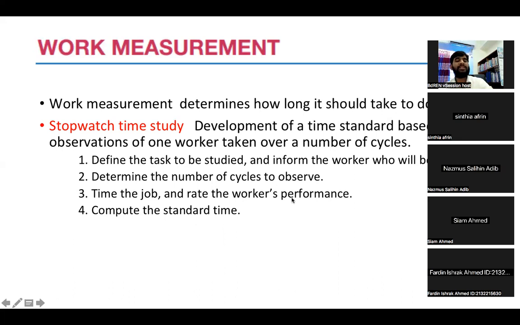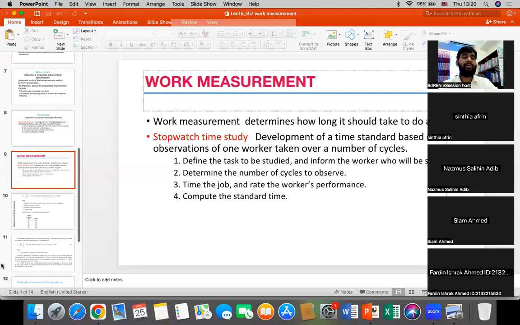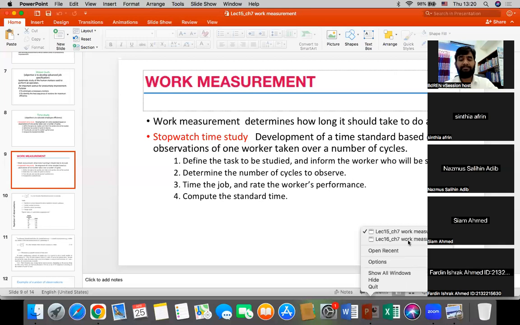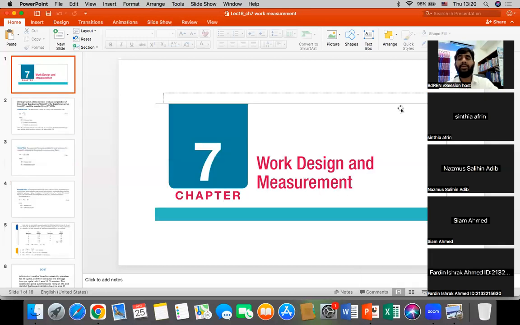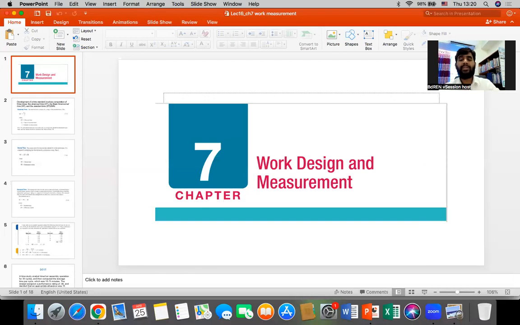And then the performance rating. Now we are going to apply the concept in the practical field.